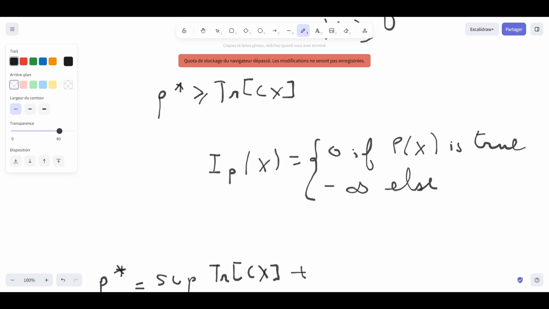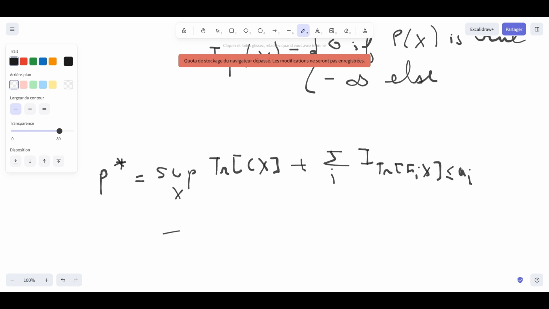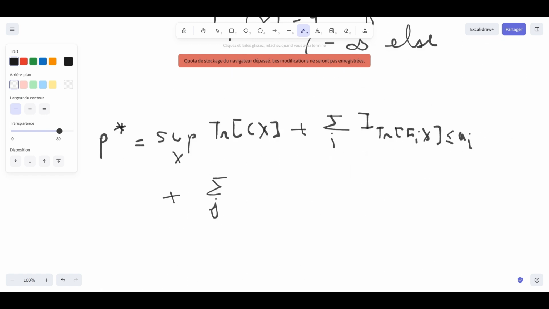You just do, so trace is just the sum over i of the indicator of the trace of Fi of x inferior to ai, plus the sum over j, same, of the indicator of trace of Gj of x inferior to bj.